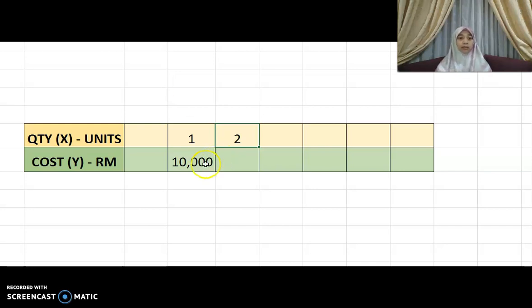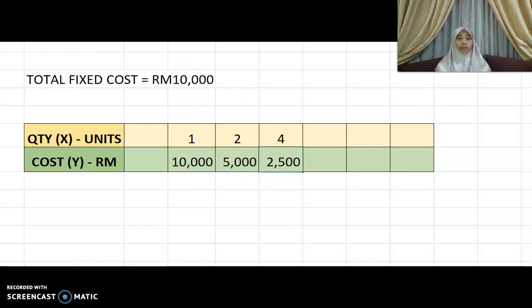That will be 10,000 divided by 2, so each unit will be 5,000 ringgit. What if you produce 4 units? Then that 10,000 will be shared by 4 units of your product. So 10,000 divided by 4 will give you 2,500 ringgit per unit, because we are working on the fixed cost per unit.